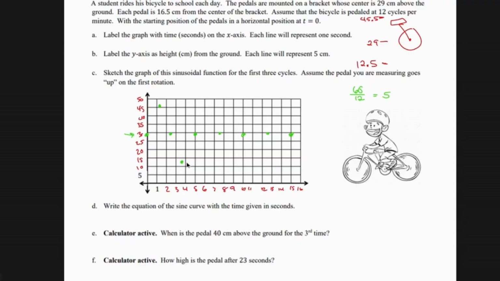So halfway in between here, right around there, 12.5. Halfway in between here, right there, 45.5. And then last but not least, halfway in between here, right around there, 12.5.